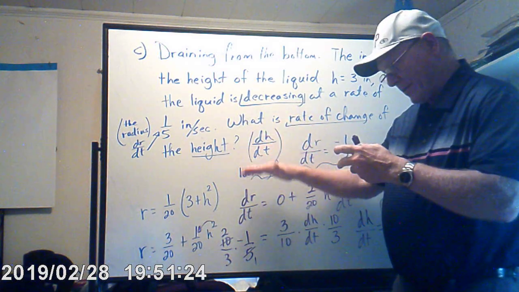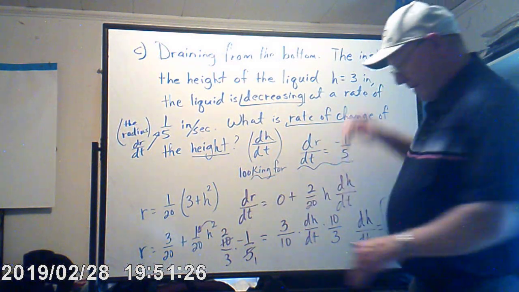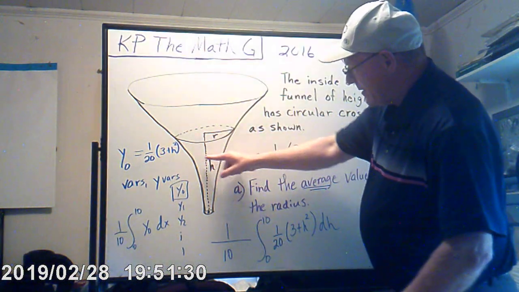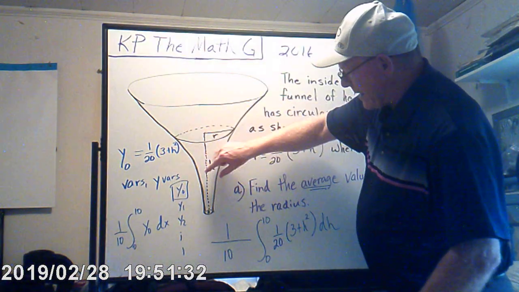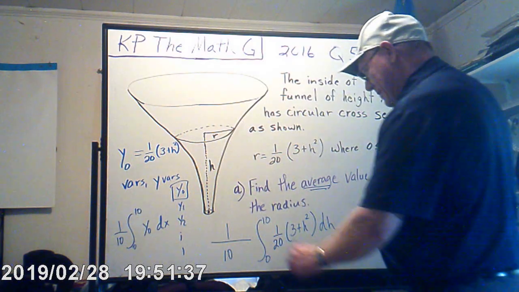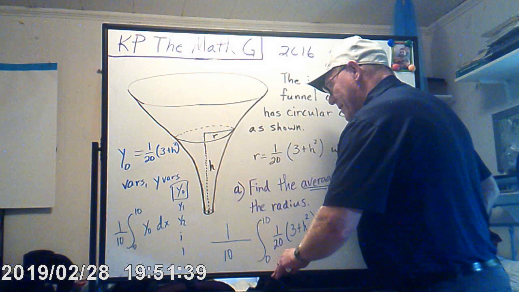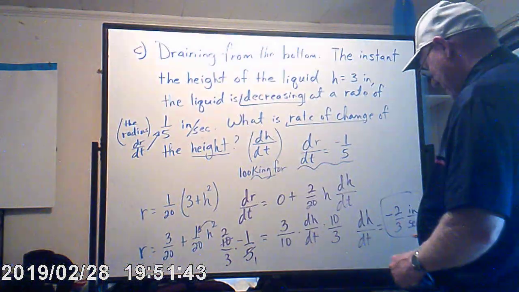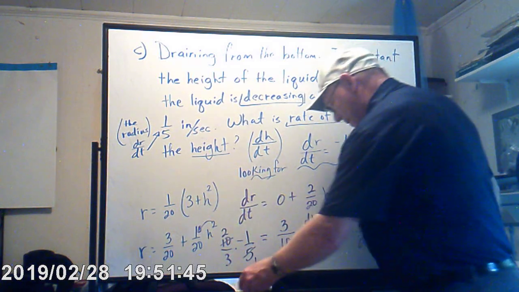Well, your height is also decreasing. As you're going further and further down here, this radius is decreasing, and so is your height at a certain rate. That's what dr over dt and dh over dt is. That's what you needed to find right there.